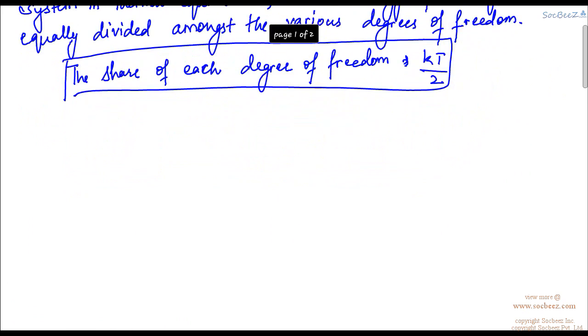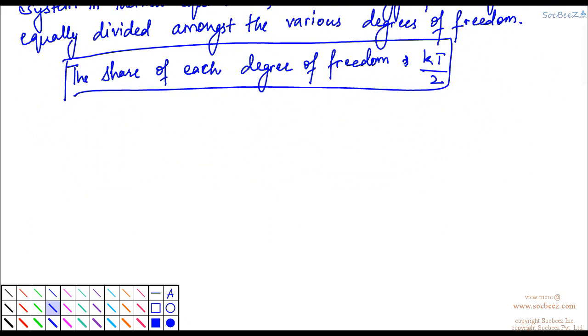So by using this, we can find the total kinetic energy or total energy for various types of gases. So first we will begin with monoatomic gases, which are basically consisting of only 3 degrees of freedom that correspond to translation only.